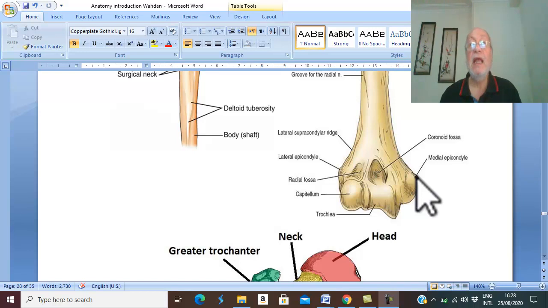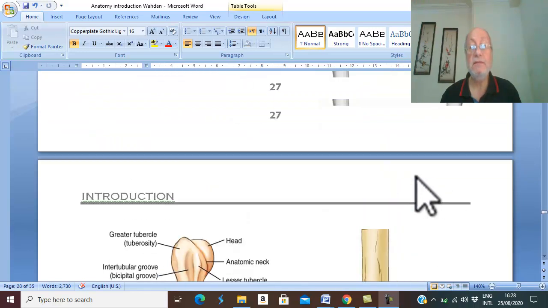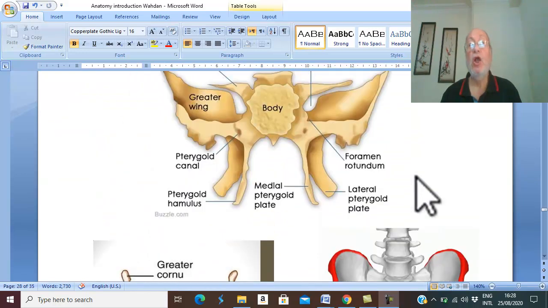Hamulus. Hamulus means an elevation in the bone that is hook-like, like this hamulus. This is called the hamulus because it is hook-like.